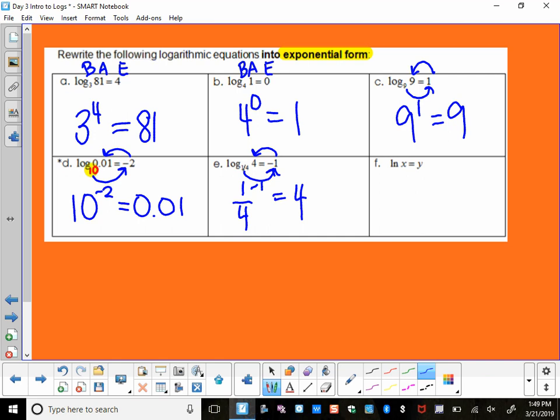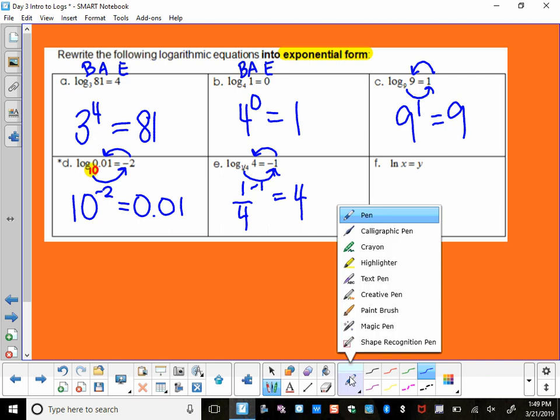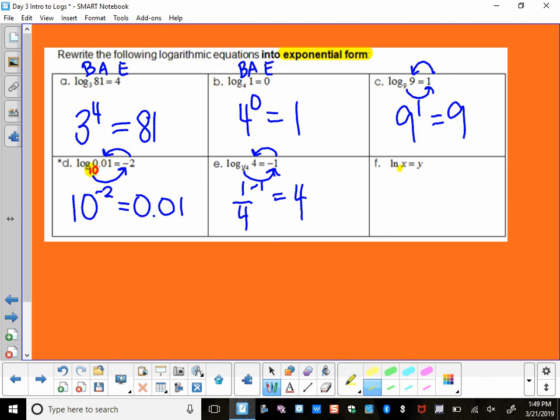Alright, letter F. You have to think about letter F as well. You guys notice how there's no base down here. There's no number. It's not going to be 10, because if it was a log, then yes, it would be 10. But notice this is ln, which we call natural log.